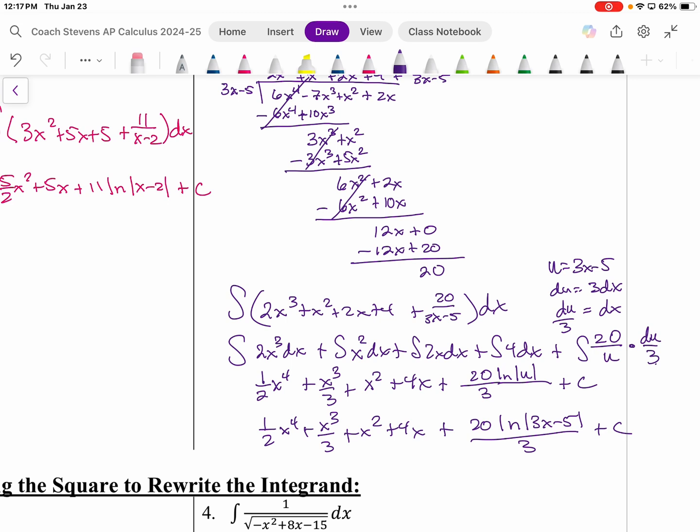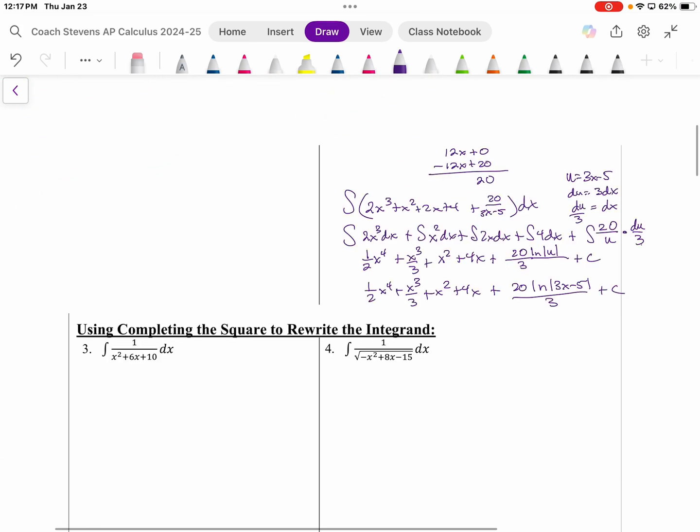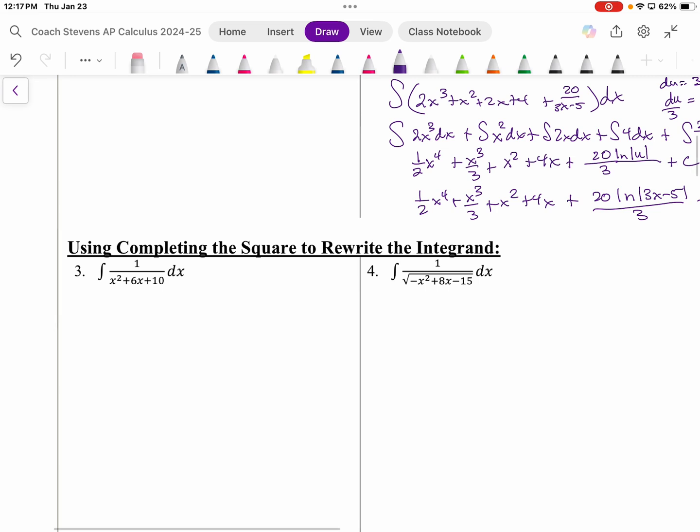Any questions on long division? It's long. Okay. All right. Using completing the square. Now, why are we using completing the square? We're trying to use completing the square to do inverse trig antiderivatives.